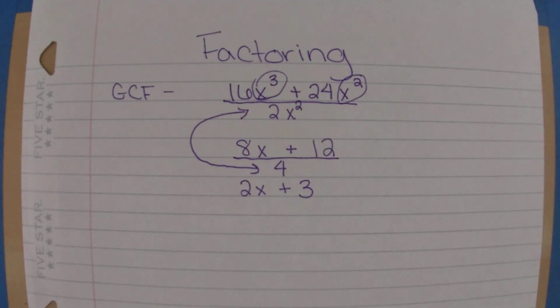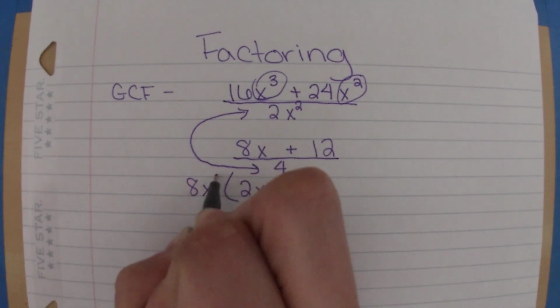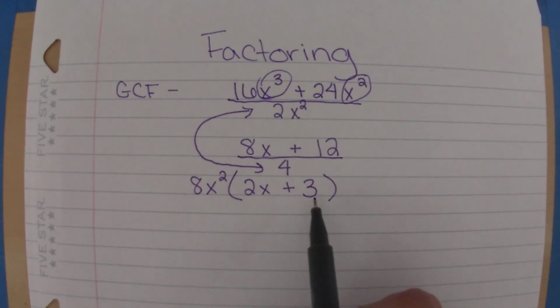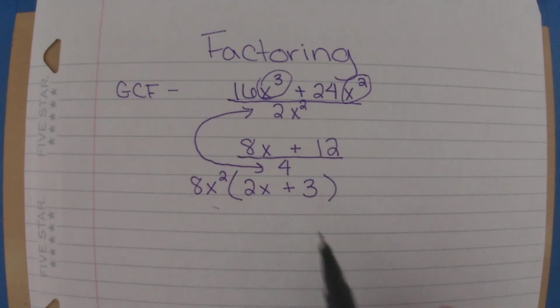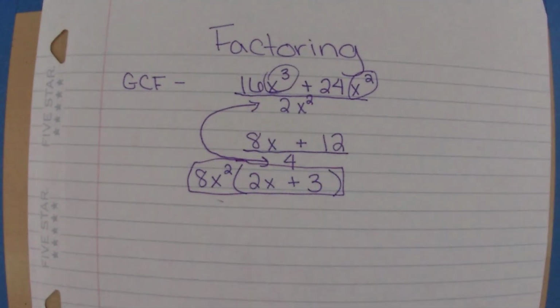So 2 times 4 is 8, so we get a GCF of 8x squared. And when we're factoring, that GCF goes out here in the front in parentheses, with the idea that, just like what we reviewed yesterday, I could multiply this back out and get back to where I started. So this would be my answer here.